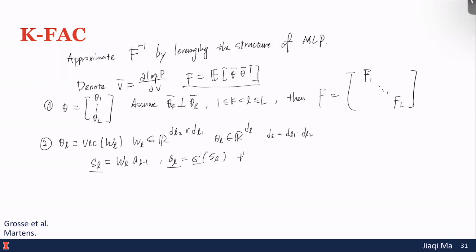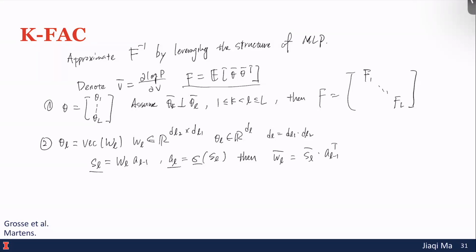Then we know that the gradient with respect to W, which we denote WL bar, will equal SL bar, so that by chain rule, right? The gradient with respect to SL times AL minus 1 transpose.